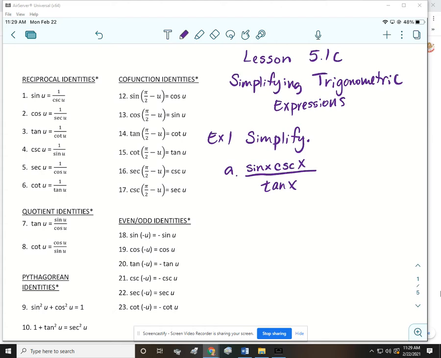We talked about this a little before, but one thing you can remember that will save a lot of time is that when you multiply reciprocals, it is always going to equal 1. So I'm going to find somewhere to write that.